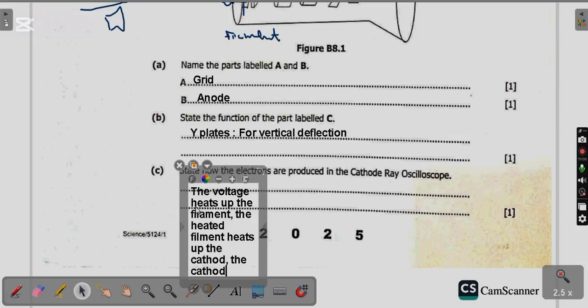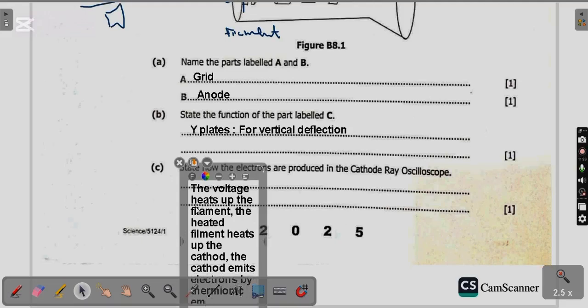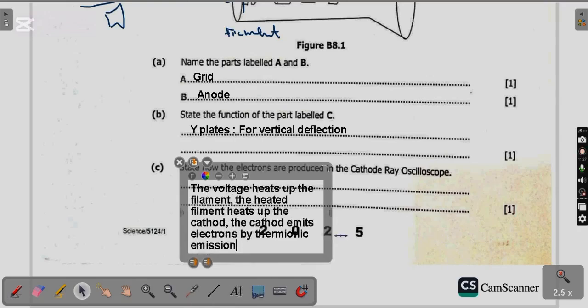The cathode then emits electrons by thermionic emission. So that's the process, it's called thermionic emission.